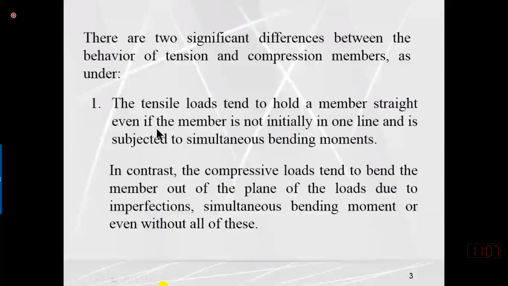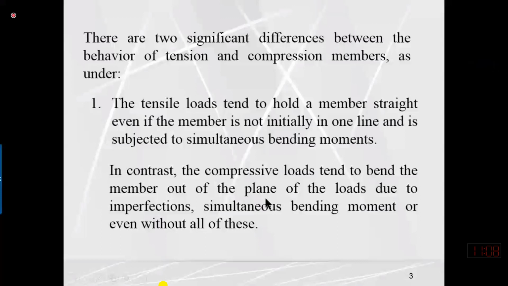There are two significant differences between the behavior of tension and compression members. Some of them I have already discussed, but I will read them out again for you. Tensile load tends to hold the member straight even if the member is not initially in one line and is subjected to simultaneous bending. In contrast, compressive loads tend to bend the member out of the plane of load due to imperfections.